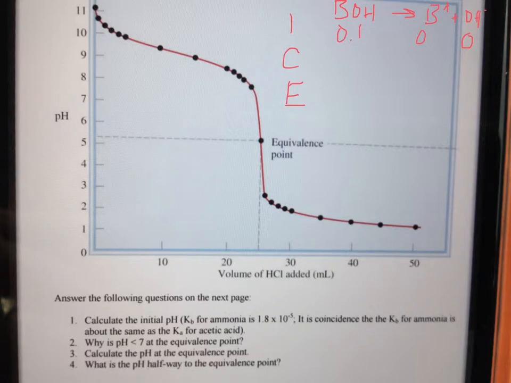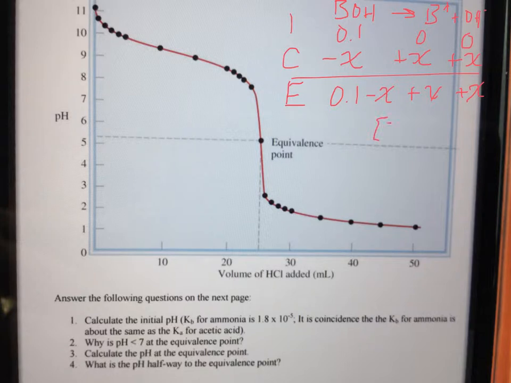The change is going to be minus X for the base, plus X for the anion, plus X for the hydroxide. And then our equilibrium line is 0.1 minus X, then X, and then X. So then what we're going to do is put it into the equilibrium expression.